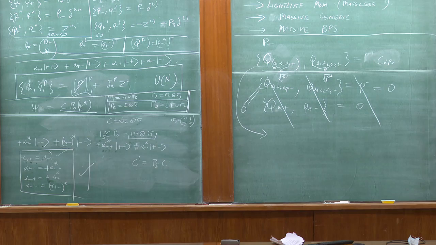How did we get the representation content of Clifford algebras?